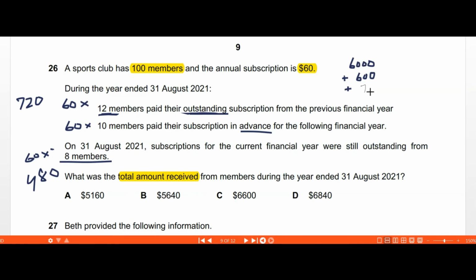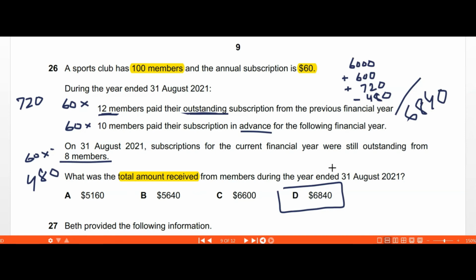So we add 720 to that, and we will deduct the amount that has still not been received, so minus the closing outstanding value, that is 480. When we work this out, 6,000 plus 600 plus 720 minus 480 will give us 6,840. So the total amount received from members during the year is simply 6,840.